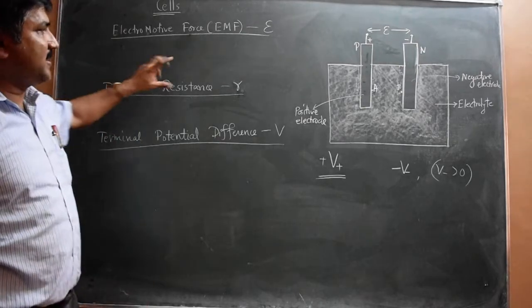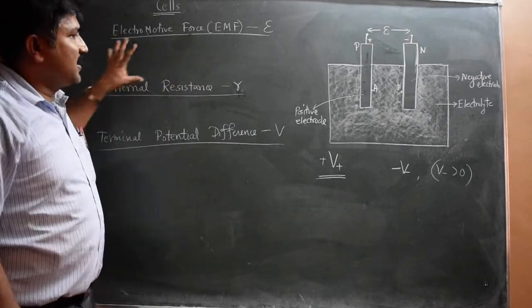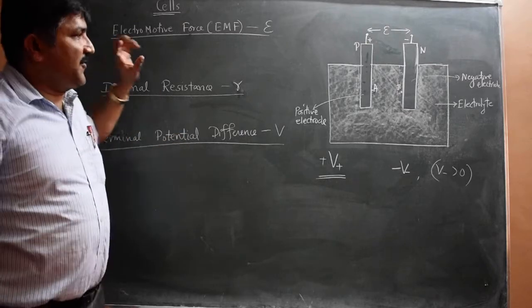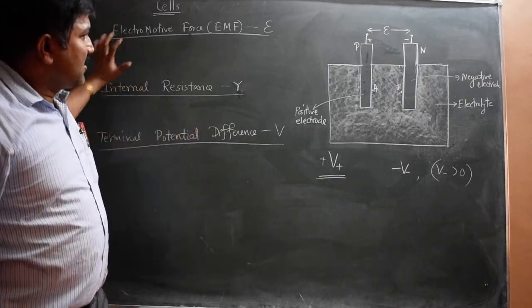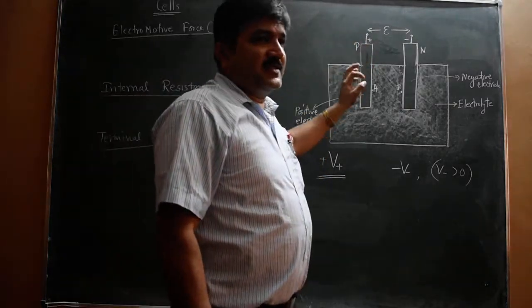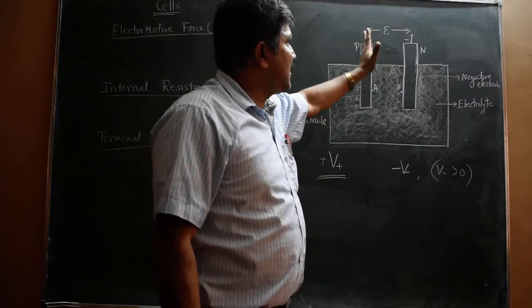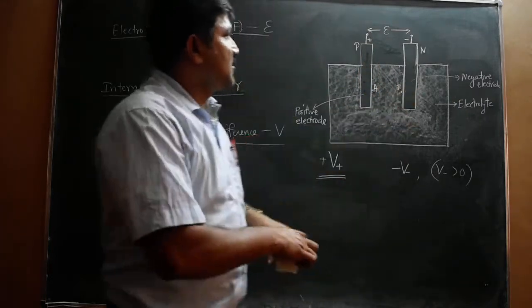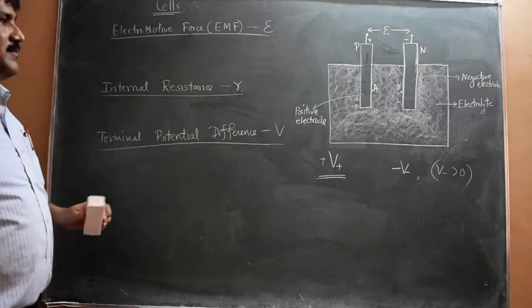Then there is another term called internal resistance. Internal resistance of a cell is the effective opposition to the flow of charges or current, or the resistance provided by the electrolyte of the cell. The electrolyte of the cell provides some opposition.